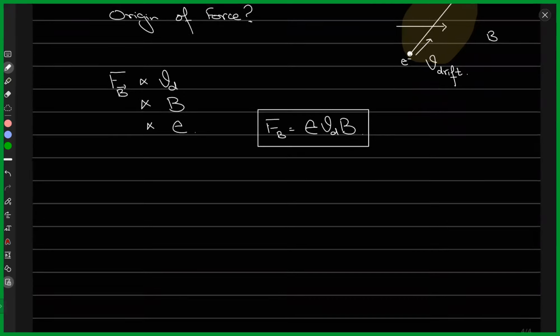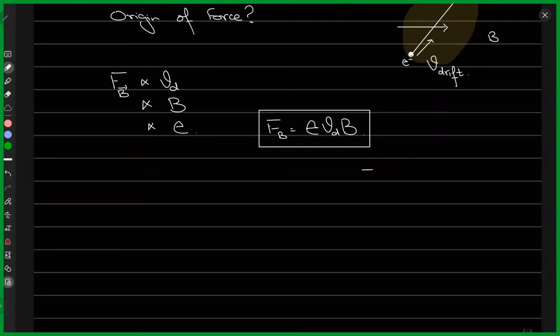let's draw a scenario. Suppose that this is a plate, and I have an electron. I have multiple electrons here, but let's say that we'll just consider one.